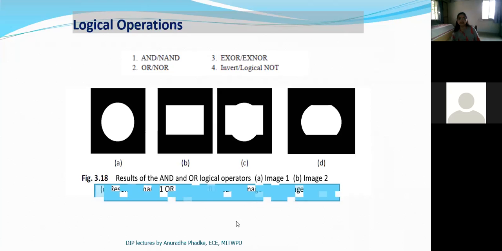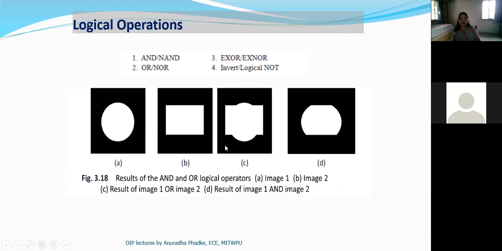This image C is the result of logical OR, because here OR of the two images means if both the images have one value, we get one. If any of the images has one value, we get a one. So image C is the result of logical OR between image A and B.